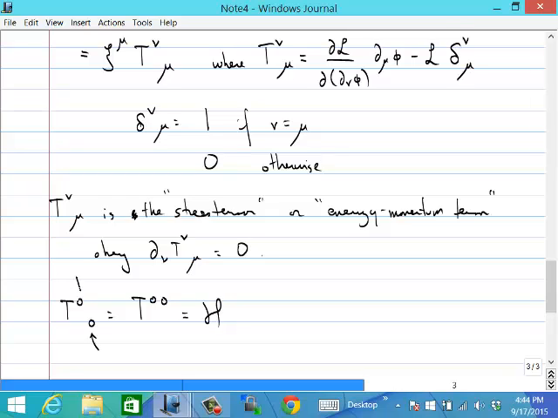And that's the thing that you integrate in order to get a conserved quantity. The thing that you integrate to get the conserved quantity associated with time translations is the energy density, because the conserved quantity associated with time translations is energy. And so T00 is the energy density of your theory, also referred to as the Hamiltonian density.